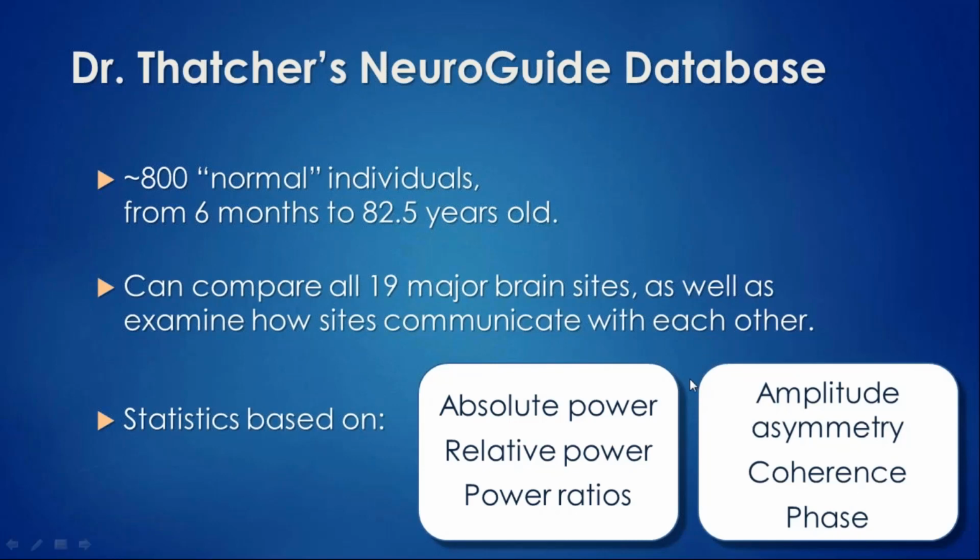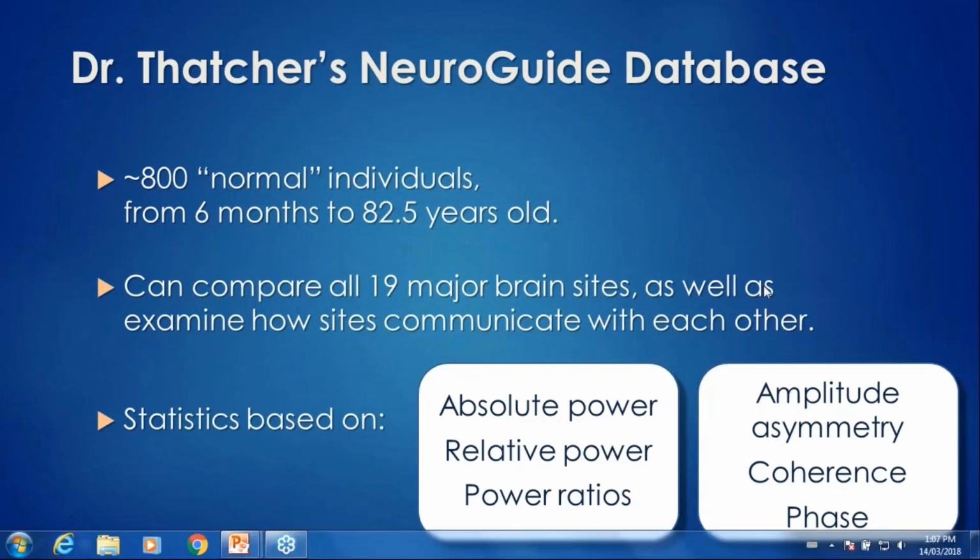These are a lot of fancy names, so I don't expect them to mean very much, but just know that there are statistics that really determine how much brain wave activity of each different frequency category is at a single site, including ratios. And then there's also us comparing the amplitudes and how the different frequencies change between sites. Amplitude asymmetry is essentially a difference in amplitude, whereas coherence is a measurement of how the values change. Do they increase together? Do they decrease together? And phase is a similar measurement to coherence.